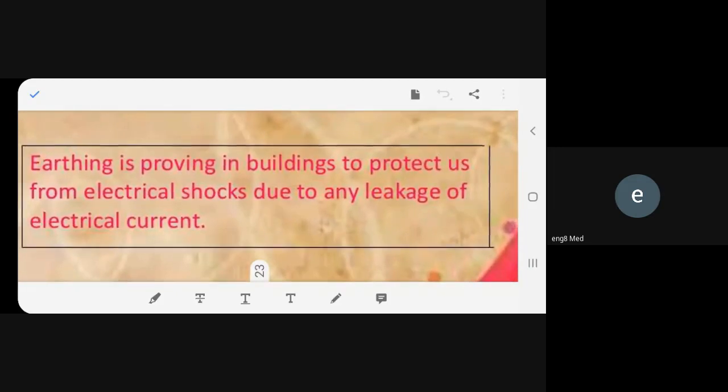So this is the phenomenon that we use for the earthing process. Do you want to read, beta? Because you people are not reading, so I'm reading it. This phenomenon we use for the earthing process. It is a safety measure given to buildings to protect from electrical shocks whenever there is a leakage of electric current.